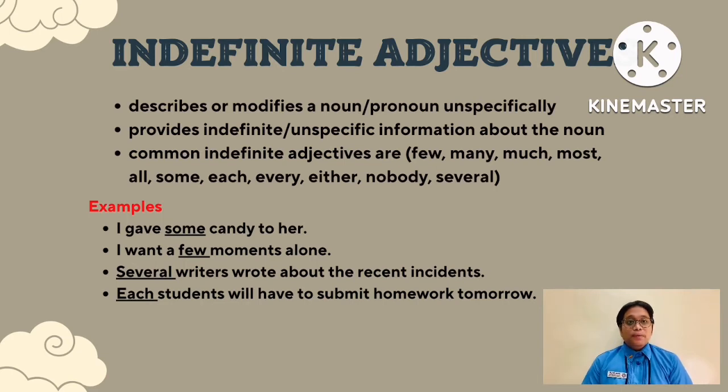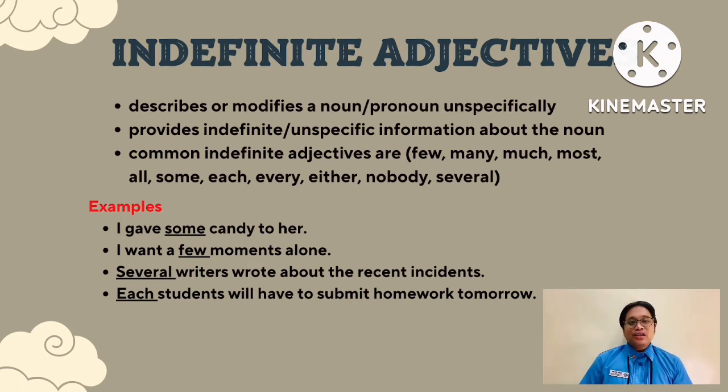Okay, so it provides indefinite, unspecific information about the noun. And common indefinite adjectives are the words few, many, much, most, all, some, each, every, either, nobody, and several. And most of these are used to describe or modify, but in an indefinite or unspecific way.